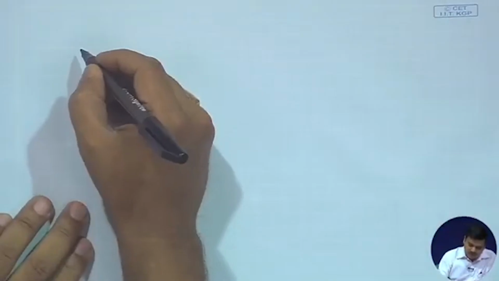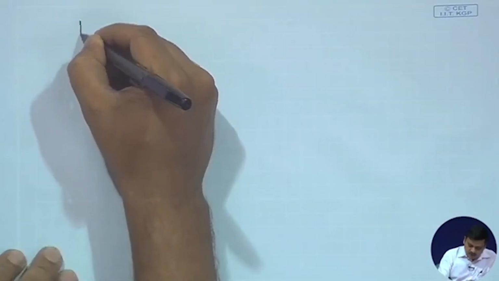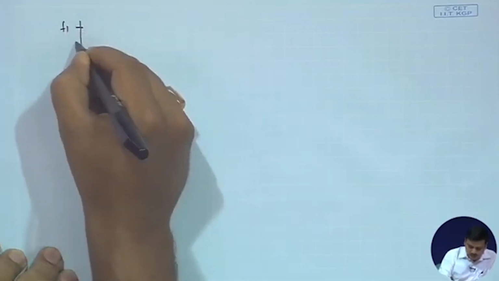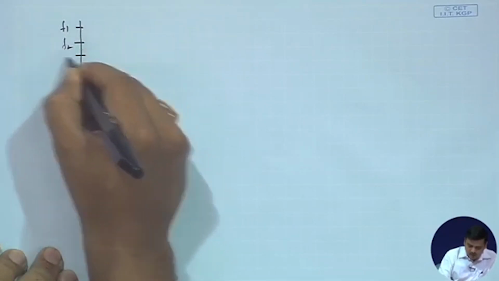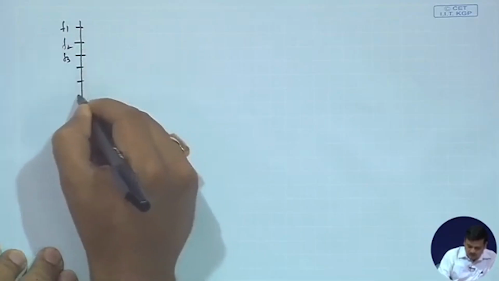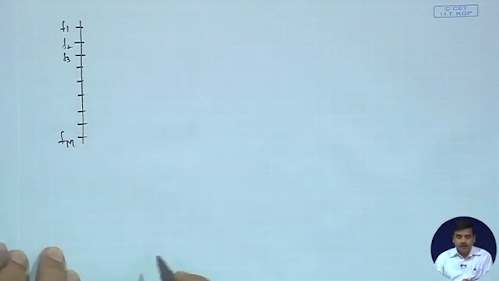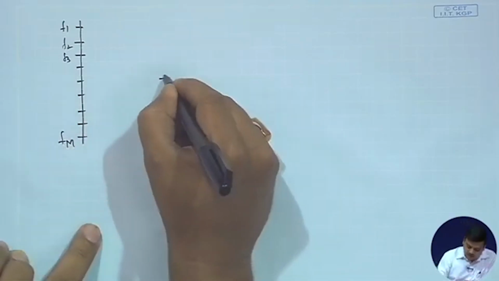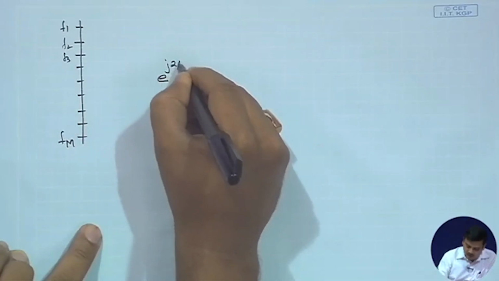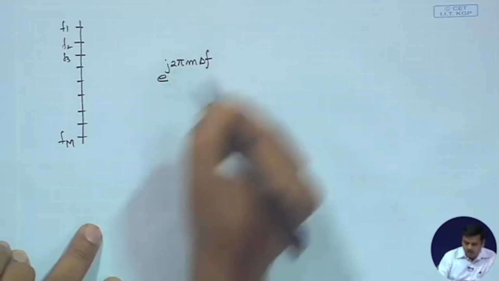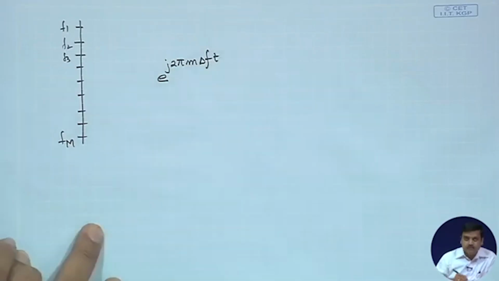The significance is like this: I have a few frequencies. Let this be f1, let this be f2, f3 and so on, let this be fm. And what we have sent is e to the power of j 2 pi m delta f t.